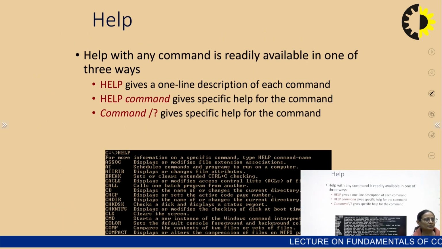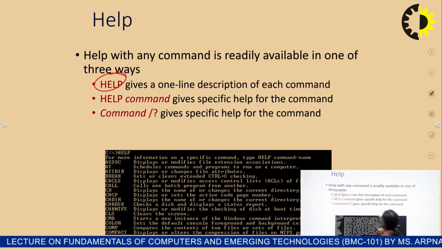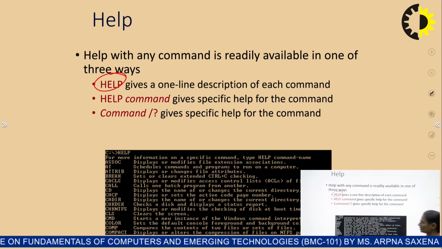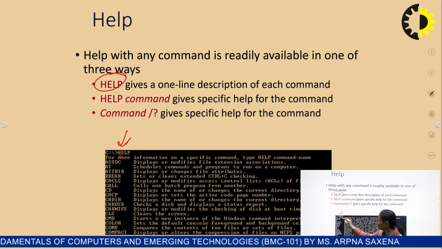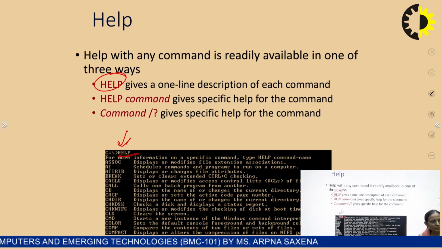Now let's start with certain basic commands. The very first command is help. Help tells you what kind of commands already exist in your system. If you give the single help command on the command prompt, it gives a one line description of each command. For instance, look here, I have written help. It has given the commands and a one line description.